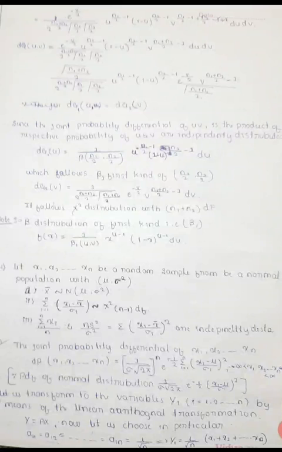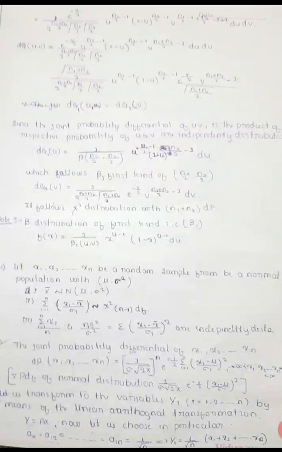Next, dg1(u) is equal to dg2(phi), since the joint probability differential of u and phi is the product of the respective probabilities, so u and phi are independently distributed.